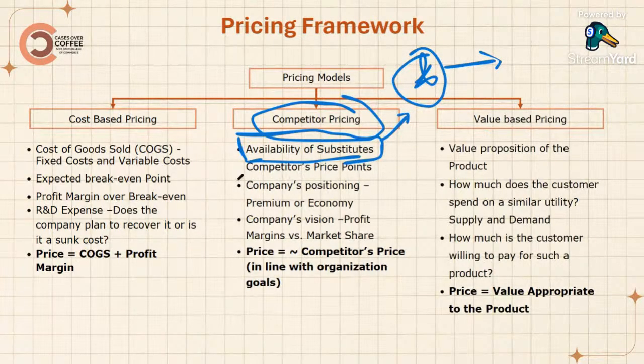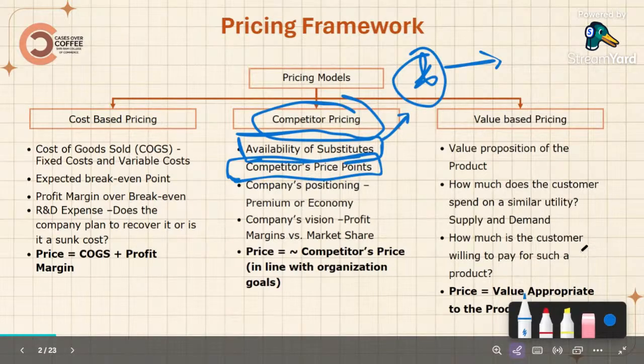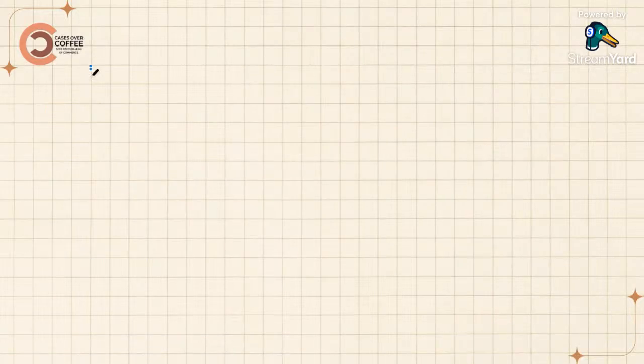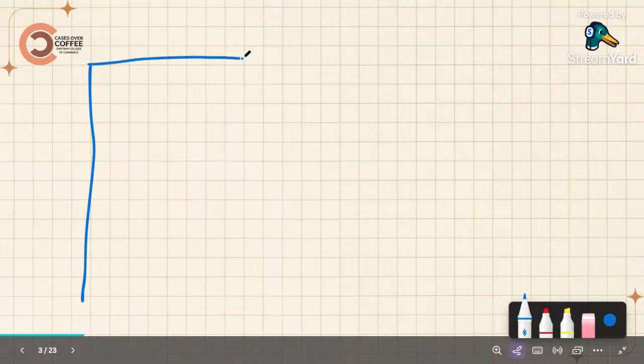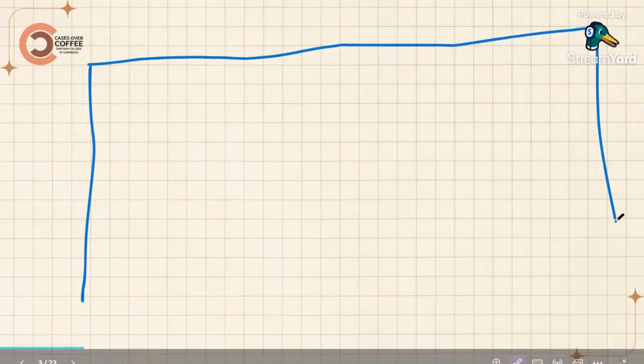And then we have the competitor price point. In this case, we try to benchmark our pricing against the competitors. I can explain this with an example. Let's make a table to explain this.